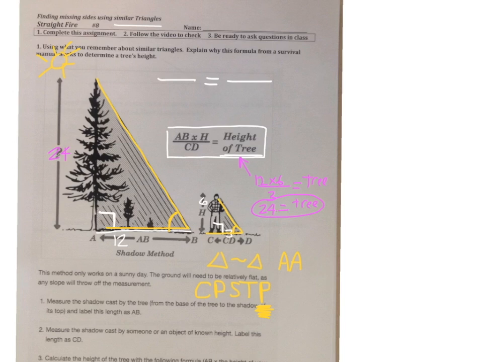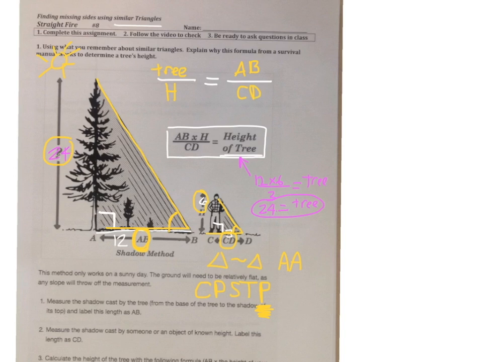So if we play a matching game with these triangles here, 24, which is the height of the tree, matches up with the height of the person. And if we continue that matching game, the shadow of the tree is AB, and the shadow of the person is CD.